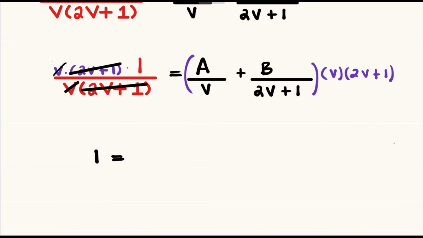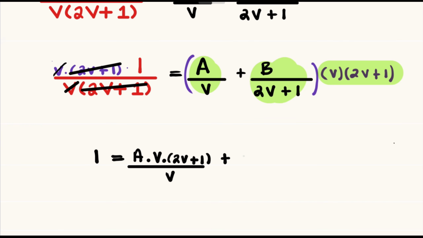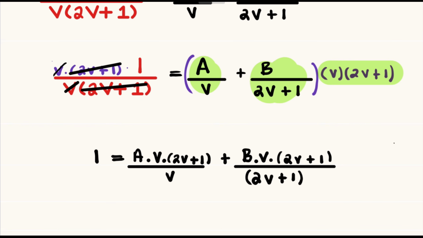So we distribute that v multiplied by 2v plus 1 and multiply it with the a divided by v. Now we multiply it with the b divided by 2v plus 1, which we multiply with the v multiplied by 2v plus 1.